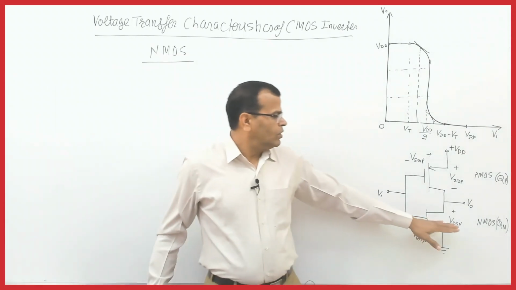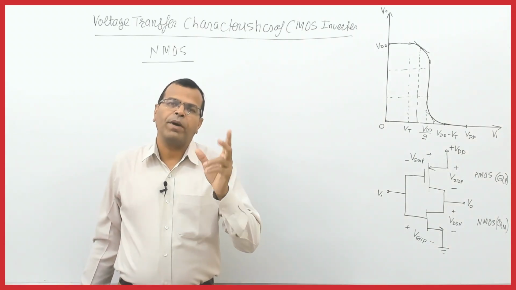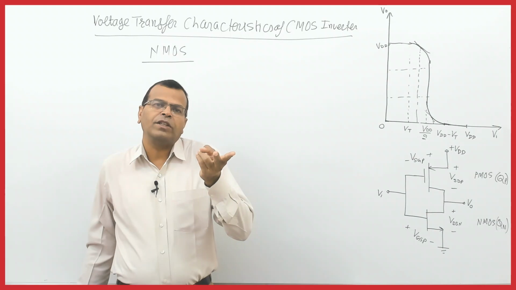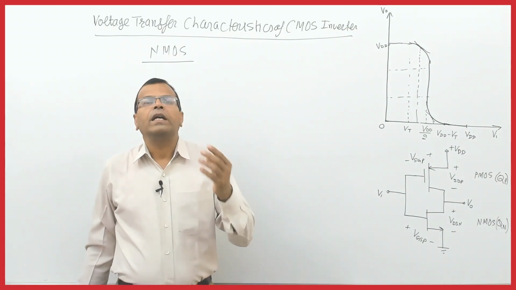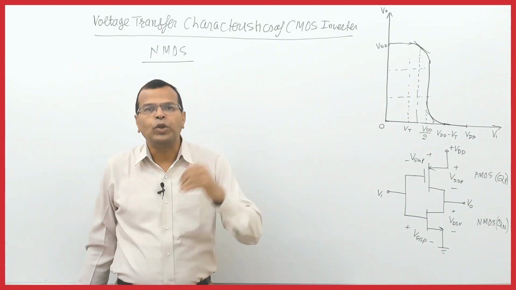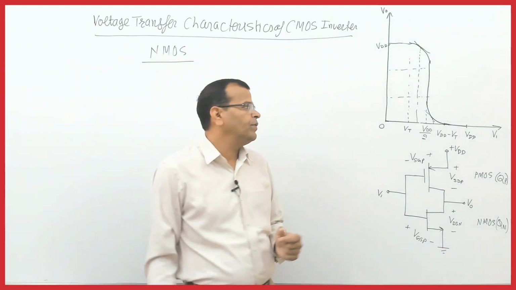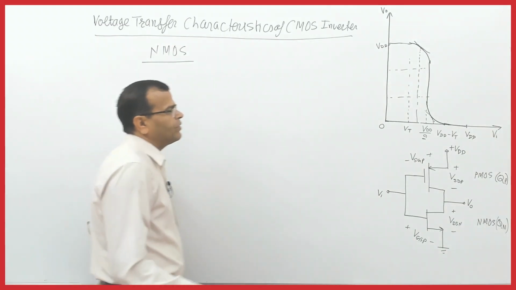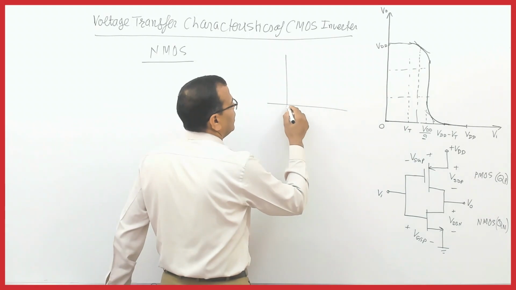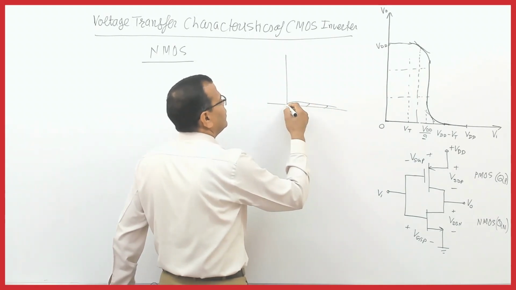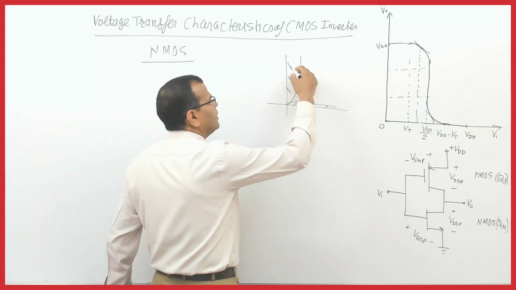The NMOS transistors will be working in cutoff and ohmic, but remember, when it changes its state from ohmic to cutoff, it always passes through the saturation region of operation. If you remember the characteristic of a MOSFET, this is cutoff, this is ohmic, and in between there is a saturation region.